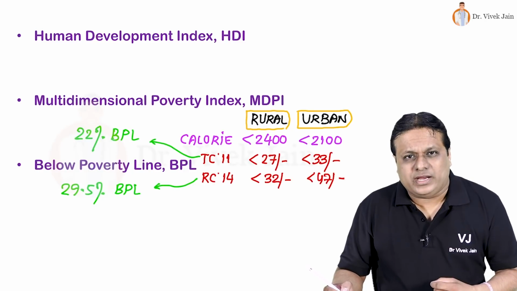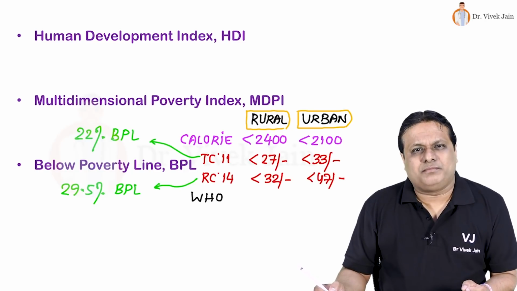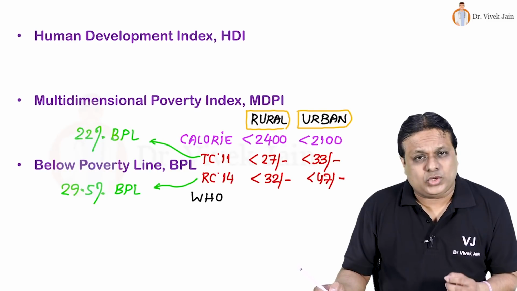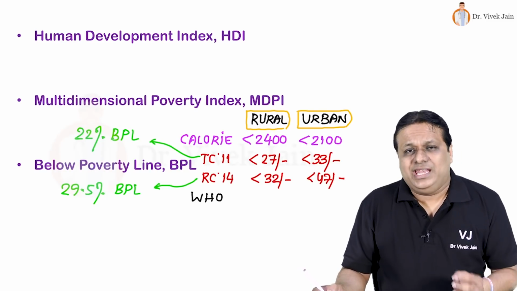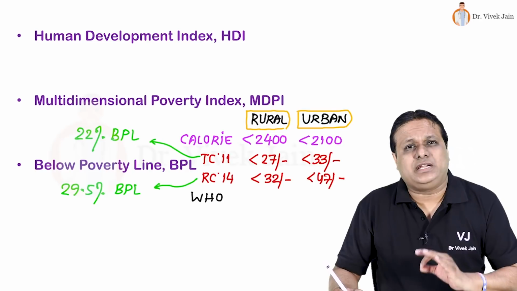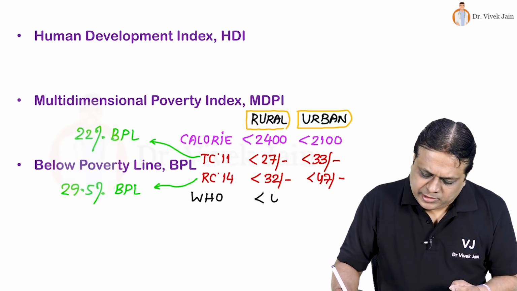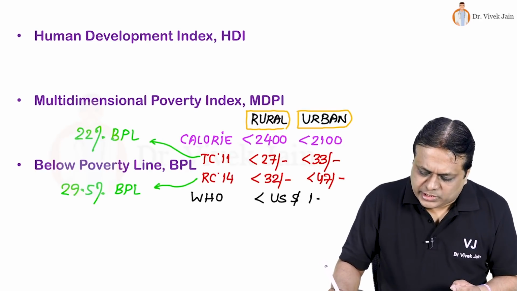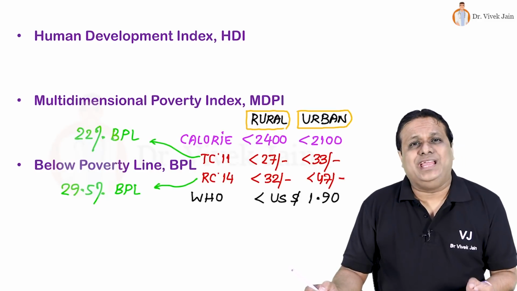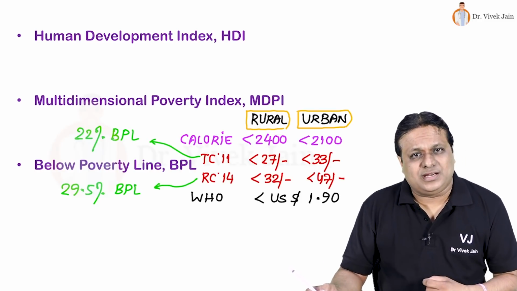And finally, when we look at the income definition as given by World Bank along with WHO and UN, you will find any person having an income, irrespective of rural or urban, less than $1.9 per day is a poor person in our country.